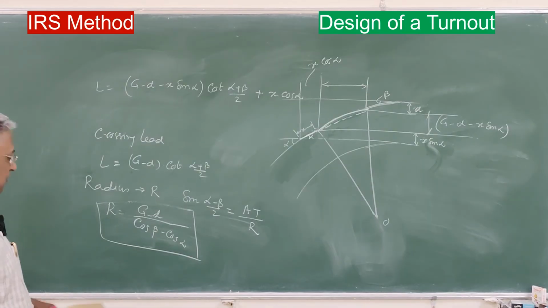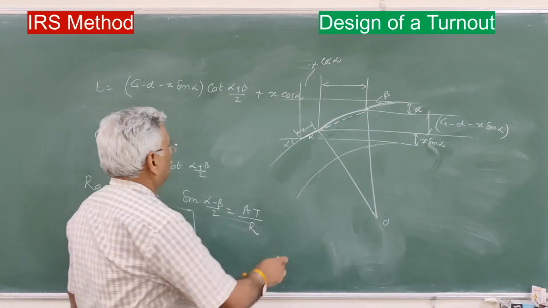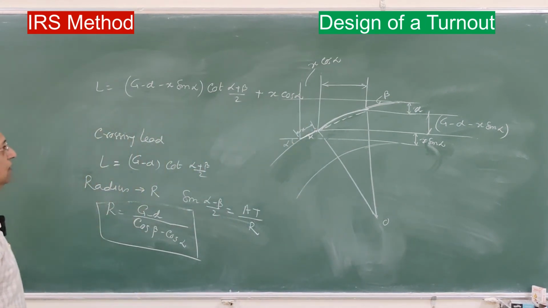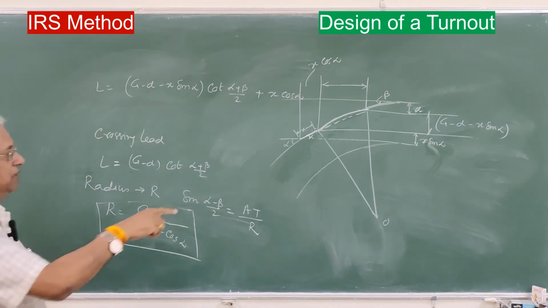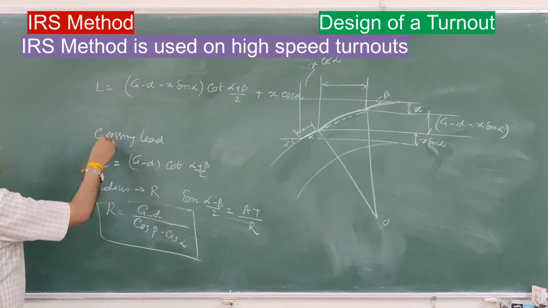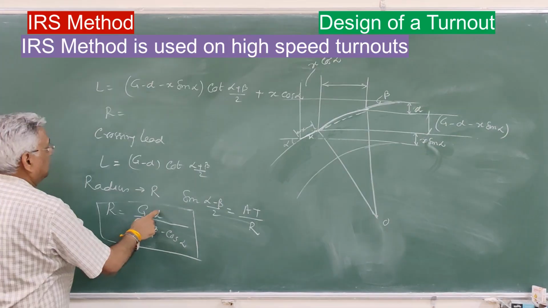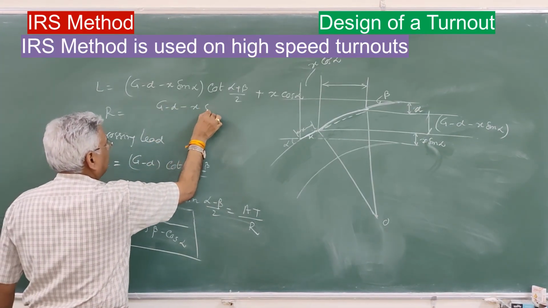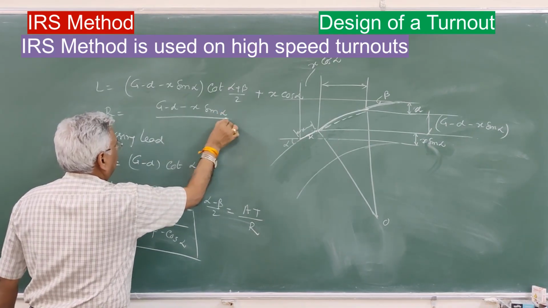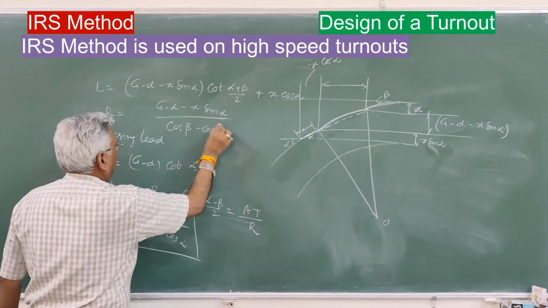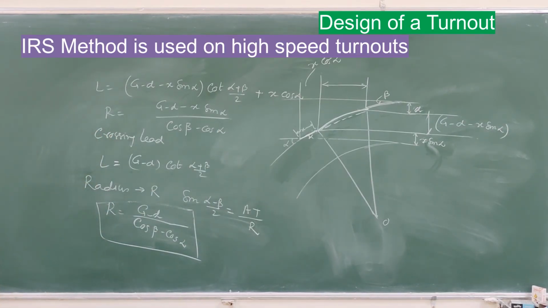That will be the crossing lead total. This you calculate and this you add. Because crossing lead is again from the heel of the switch to the theoretical nose of crossing. And this radius will be, in place of G minus D, you write G minus D minus X sine alpha divided by cos beta minus cos alpha.